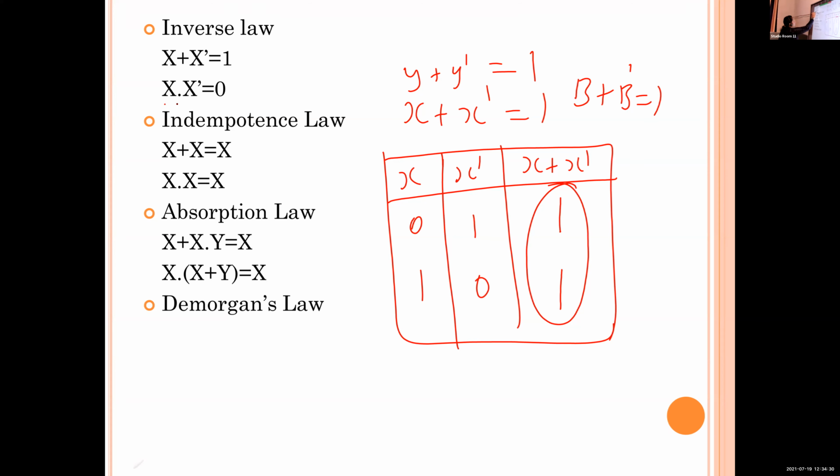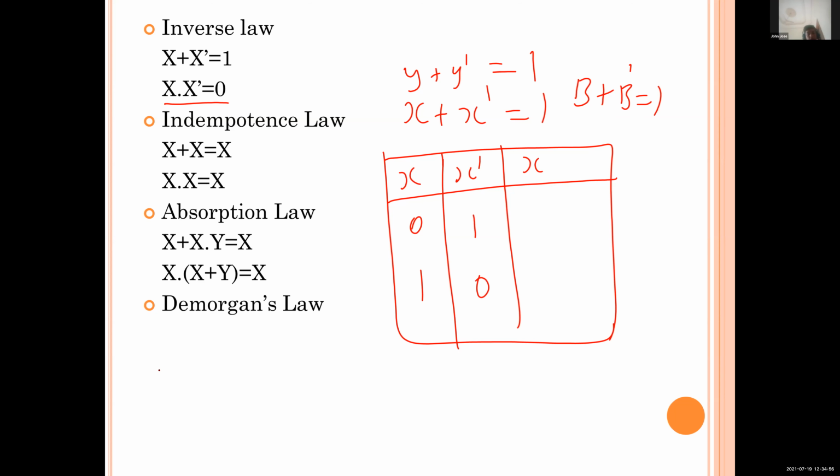Then what about this one? X dot X complement is equal to 0. John Joes, explain this X dot X complement is equal to 0.